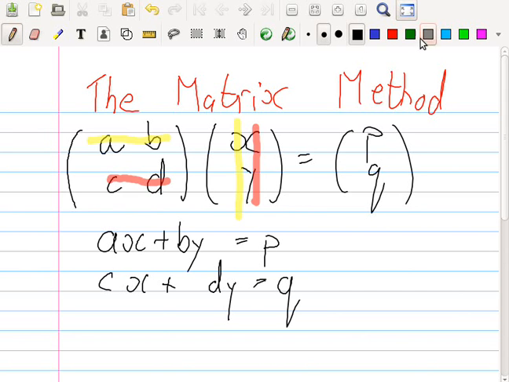And really the point I'm making here is that this matrix multiplication actually is pretty much identical to these two equations. So if I give you these two equations, it's the same as giving you this one matrix multiplication here, or vice versa.